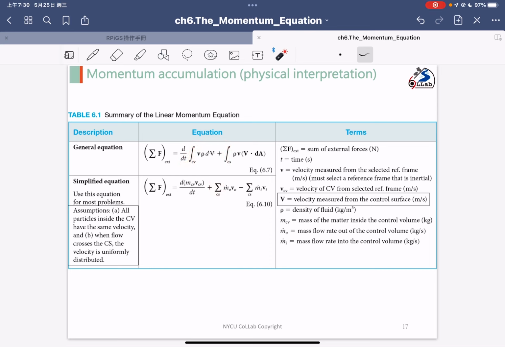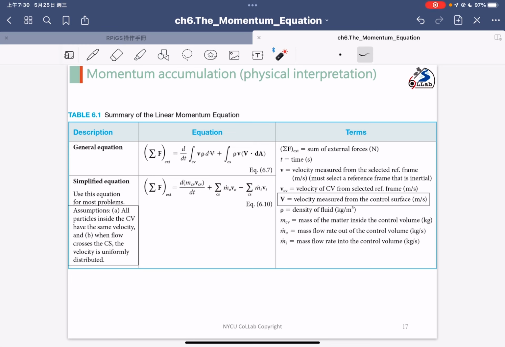Only one difference is the uniform flow or non-uniform flow. If the problem is under non-uniform flow, we need to use the integrations to solve the problem. If the problem is under uniform flow, then we can use the sigma to deal with the problem.